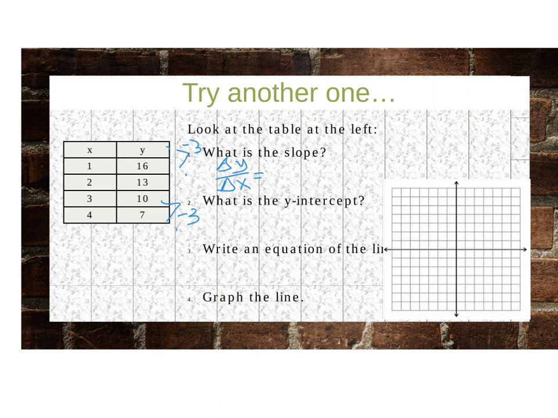Change in x is 1. What is the y-intercept? Well, we have to back up 1 because we don't have a 0. What would be y when x equals 0? What is the opposite of subtracting 3? If you know that, you know what goes in for y.